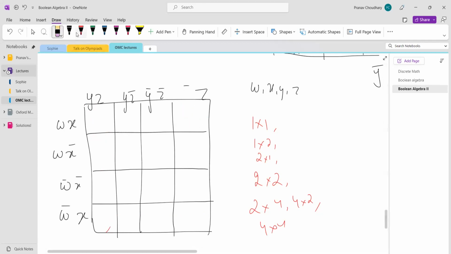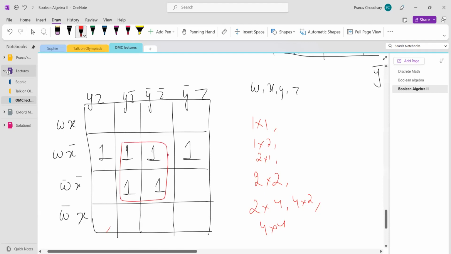The way to minimize, formally speaking, is that you would want to make a small number of rectangles, but of large size. So if you have something like 1, 1, 1, 1, 1, 1, you can make the rectangles like this as well.